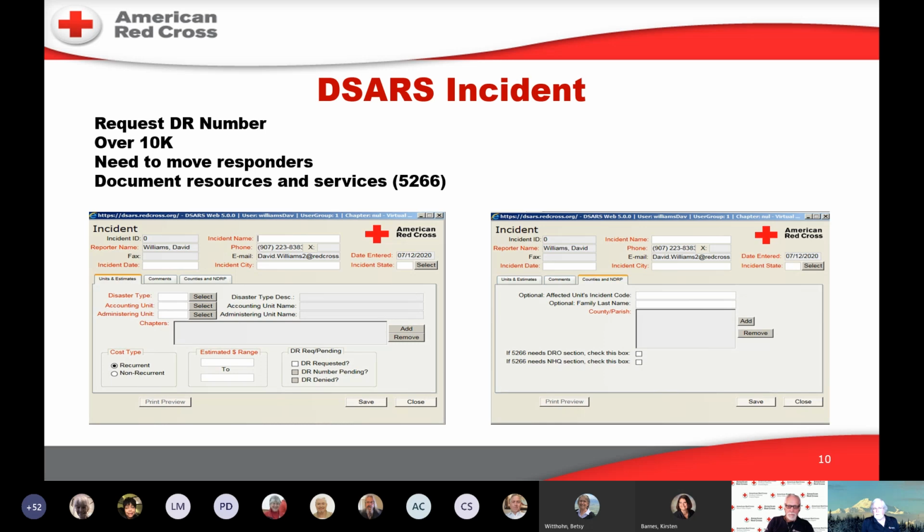Does it look like it's going to go over $10,000? Are we going to be requesting a DR in this process? And then it does provide an immediate means to start the 5266 process.